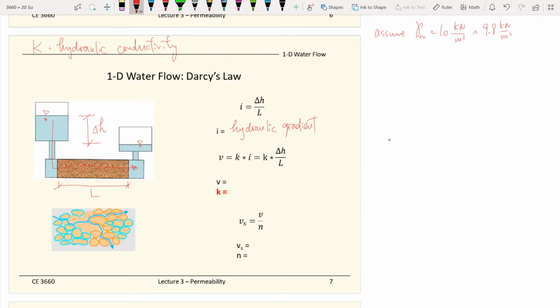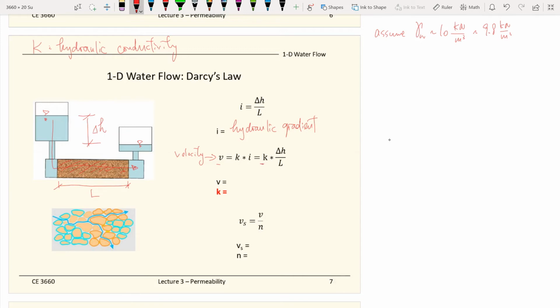After we are able to measure the hydraulic gradient, we can calculate the velocity, because the velocity of the water flow will be equal to K times i, which means the flow of the water is proportional to the gradient.